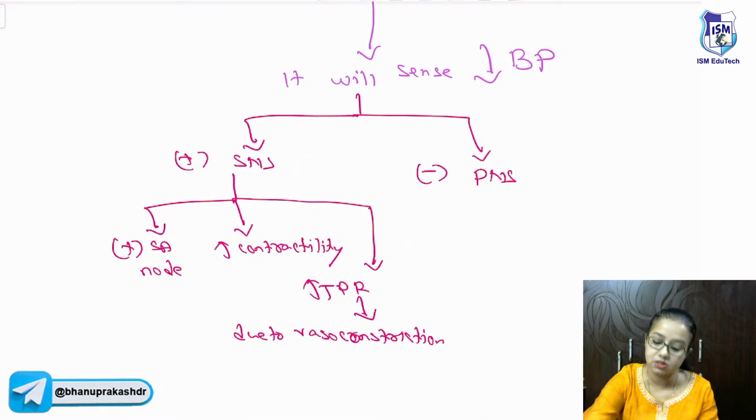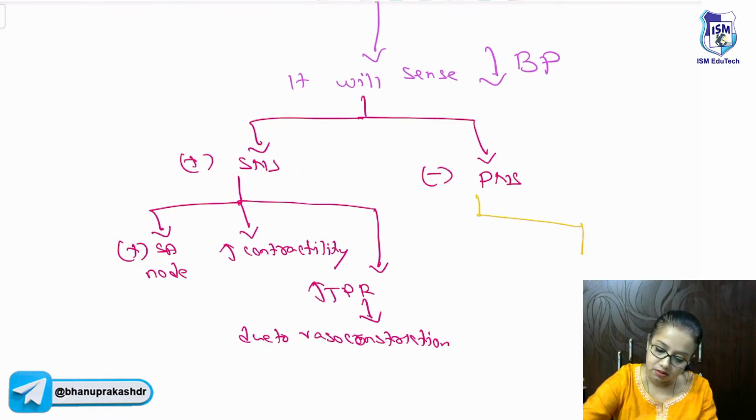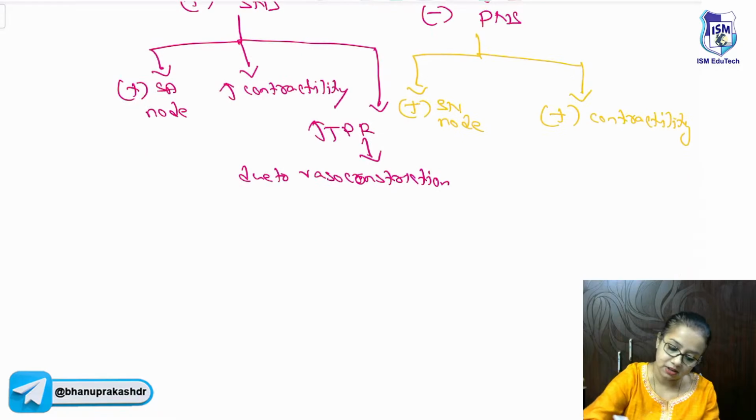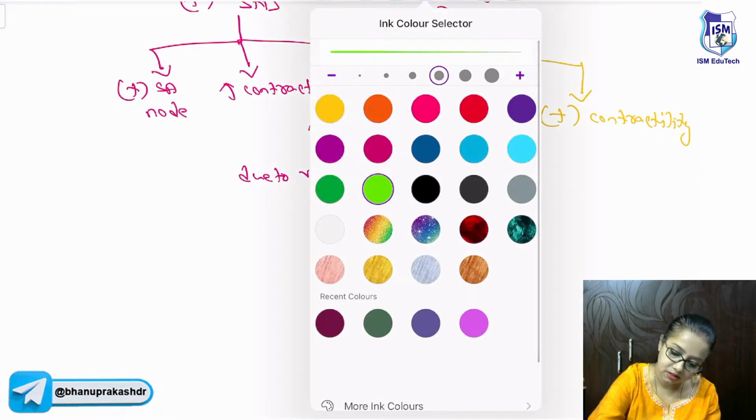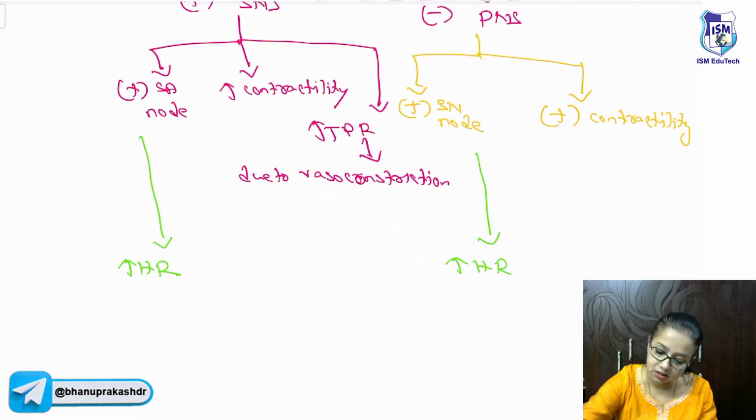And since there is inhibition of the parasympathetic nervous system, there will be indirectly again stimulation of the SA node and of the contractility. As a result, there will be an increase in heart rate, and here also an increase in the heart rate.